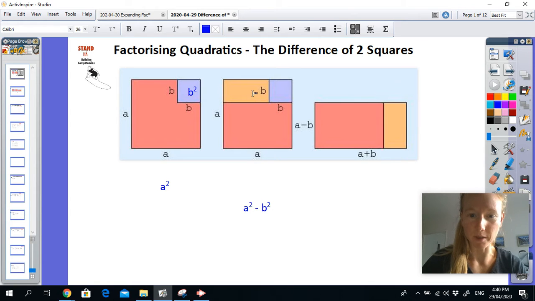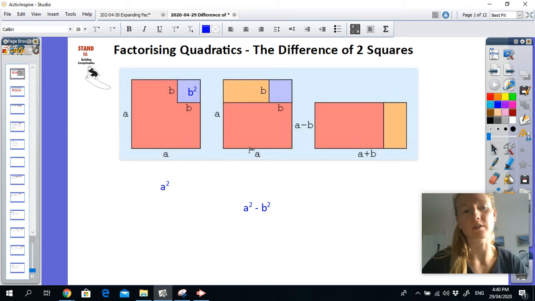Okay? If you look at the measurements, this height here was of length A, and it had length B removed, so hence this new side here is A minus B. And if you look at this length along the bottom, this is now A plus B, because it was here of length A, this got moved around here, and it got added on to the side there.